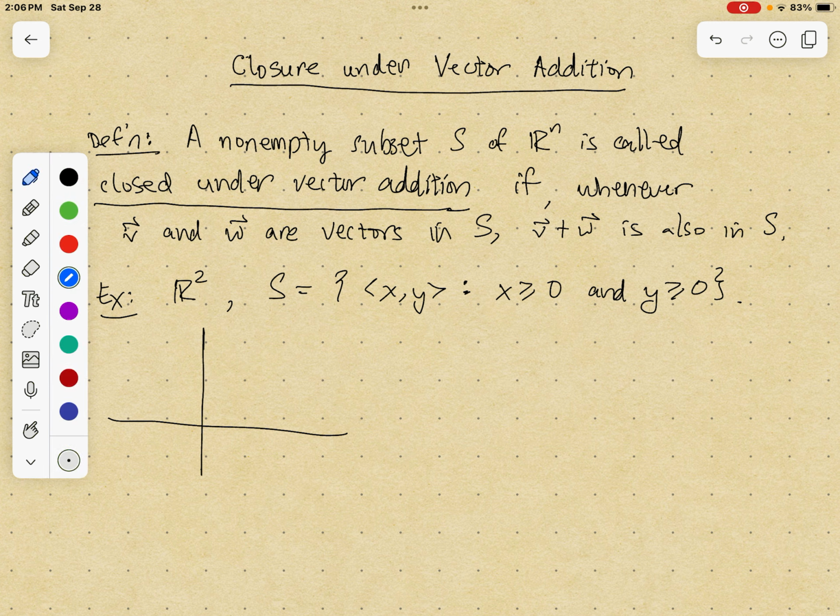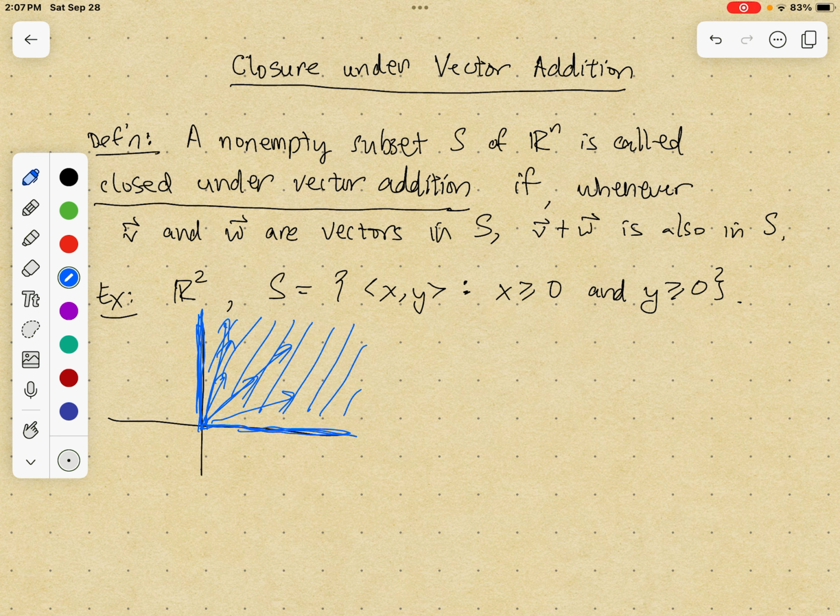It looks like this set. It's all the vectors right in the first quadrant. Here's S, and it also contains the vectors along the axes because it's greater than or equal to 0. So that's your set S. It's all the vectors that start from the origin, and the tip of the arrow lies in the first quadrant.